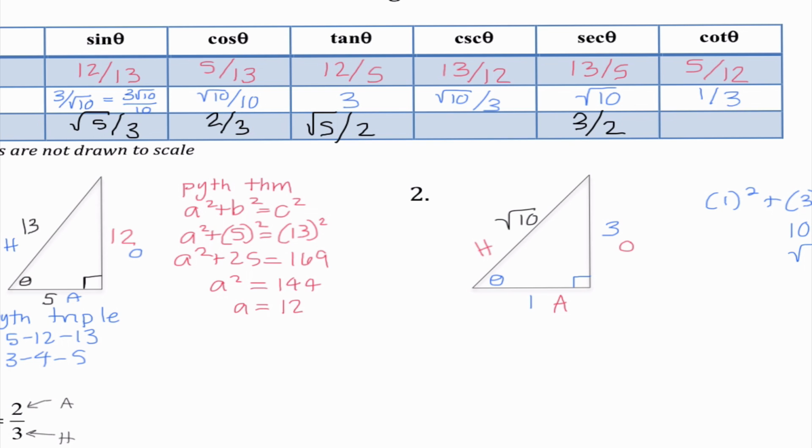So I have 3 over radical 5, or 3 radical 5 over 5. We already found secant because that was the reciprocal of the given information. Cotangent is the reciprocal of tan, so I would get 2 over radical 5, or 2 radical 5 over 5. So about half of the homework that you're going to see deals with problems like this.